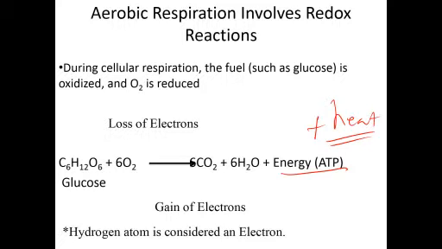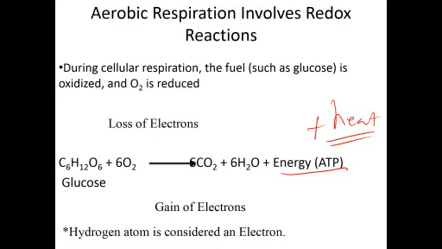Since this is a redox reaction, look here. Glucose has 6 carbons, 12 hydrogens, 6 oxygen atoms. What you're left with is CO2. The hydrogen atoms in glucose have been donated to some other molecule, so glucose has lost hydrogen atoms.